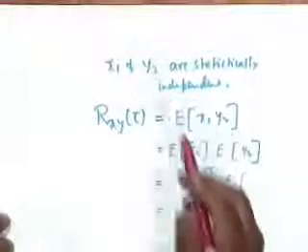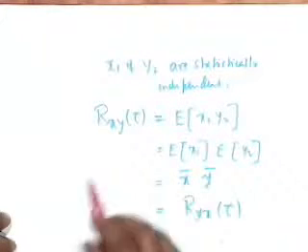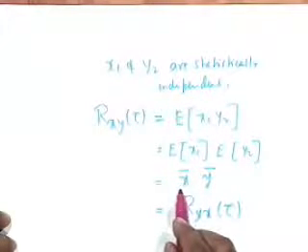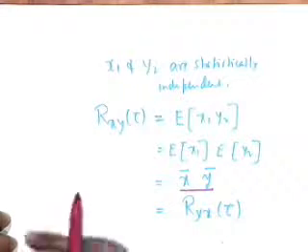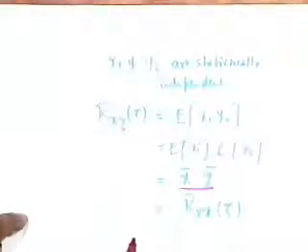This is an if statement, not an only if. If x1 and y2 are statistically independent, then Rxy of tau is Ryx of tau, the product of the two mean values over the ensemble. But if this is 0 and one of them is 0, x1 and y2 are not necessarily statistically independent of each other. A counter example perhaps we shall construct during the tutorials.